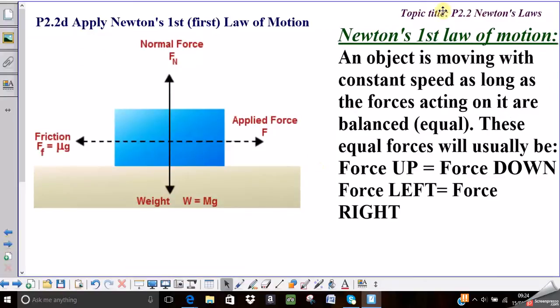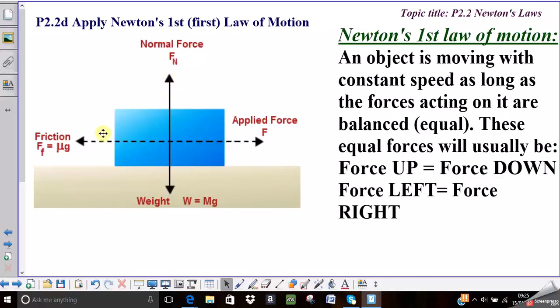The second part of Newton's first law of motion states that an object is moving with constant speed. That means its speed is not changing, steady speed, as long as the forces acting on it are balanced and equal. So we have two situations. The object is not moving, and the forces acting on it are two forces or four forces, or the object is moving, like we have here with the steady speed.